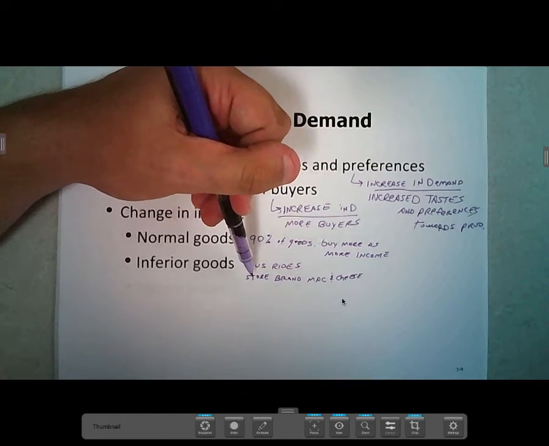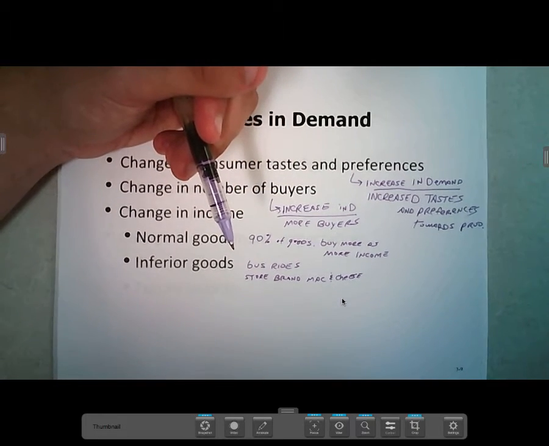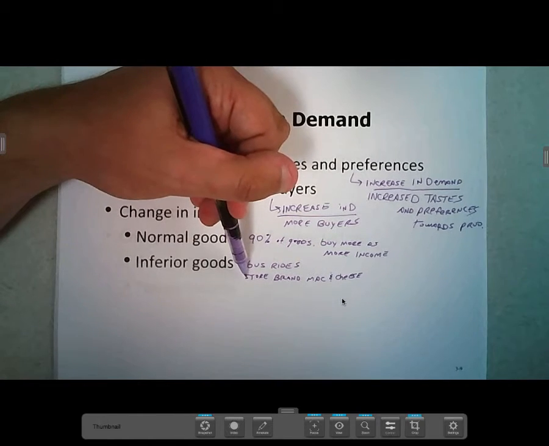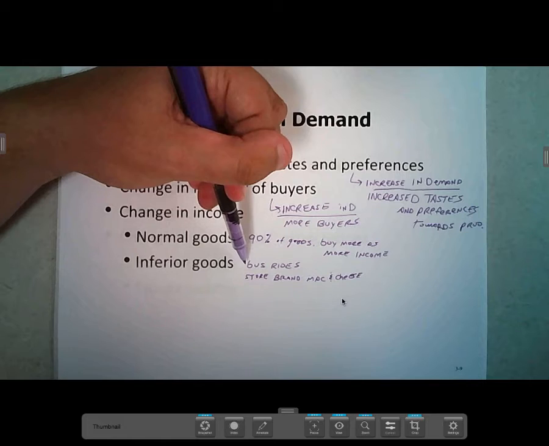What was the first thing I did as I got my first job? I stopped buying the Walmart brand of mac and cheese and started buying the name brand. So, right, that's an inferior good. Now, if I lost my job, I'd start buying it. If I lost my job, I'd start riding the bus.